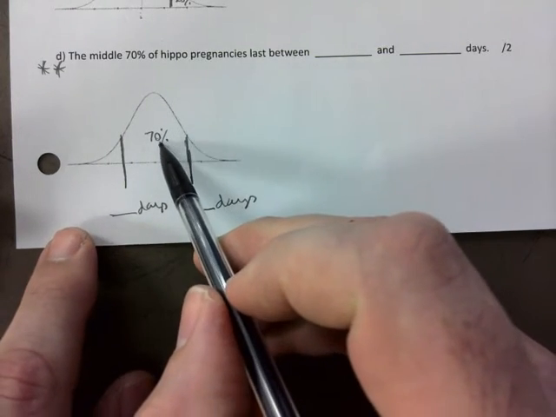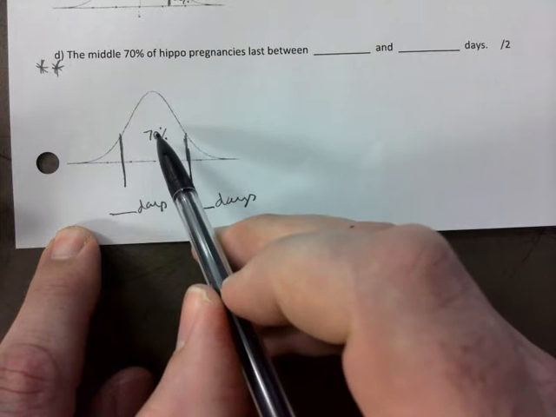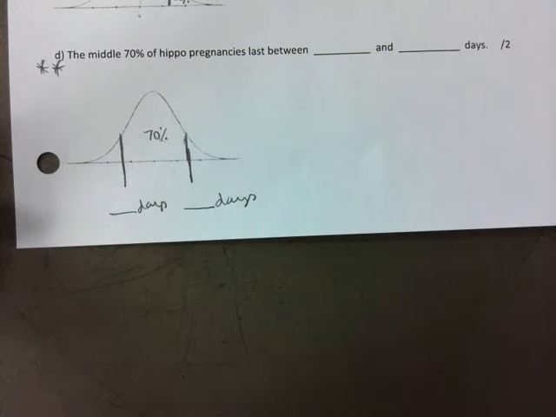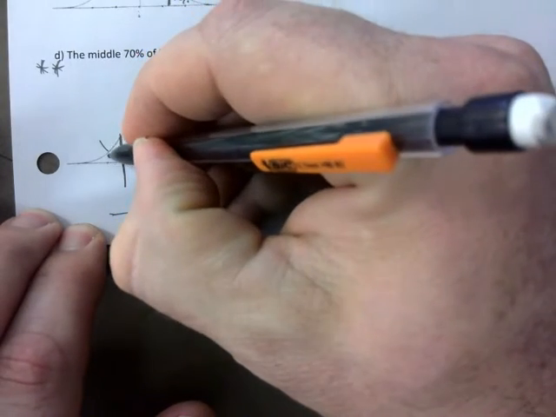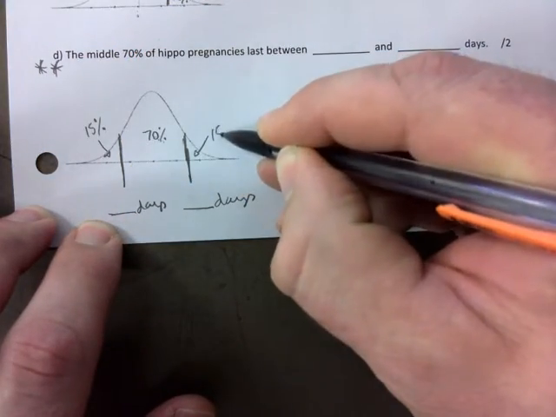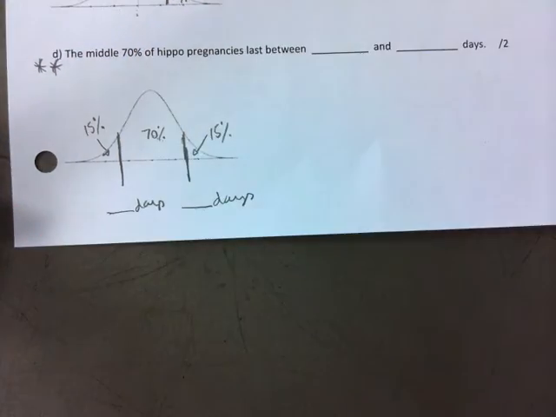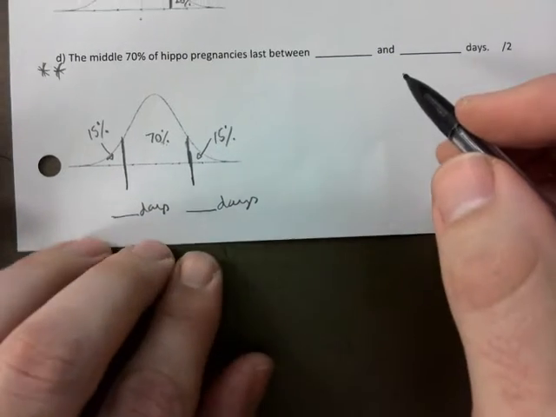If this is 70%, pay close attention to this part. If this is 70%, that means that 30% are still up for grabs. So this section here is 15 and this section is 15, because they're telling us that the middle 70 is in the middle, so we will have 15 and 15 on either side. I hope that makes sense.